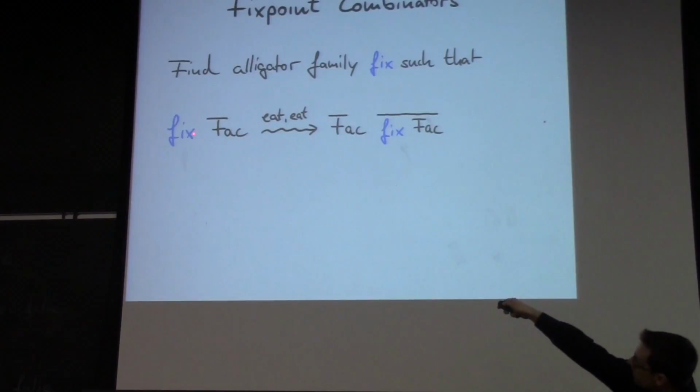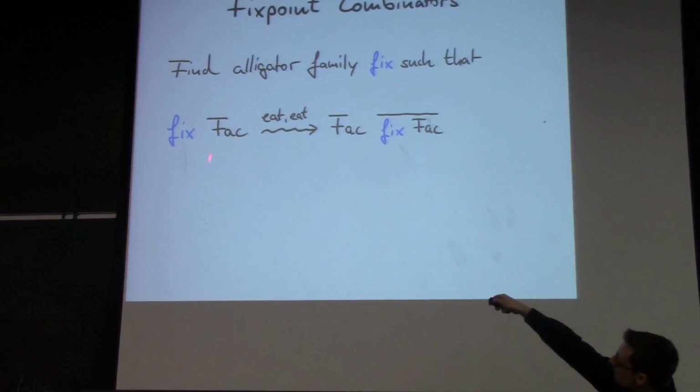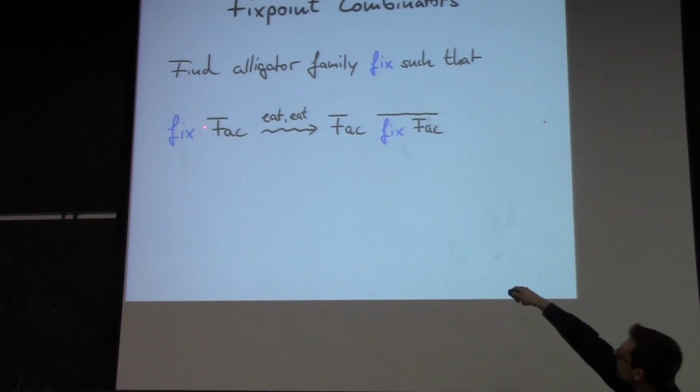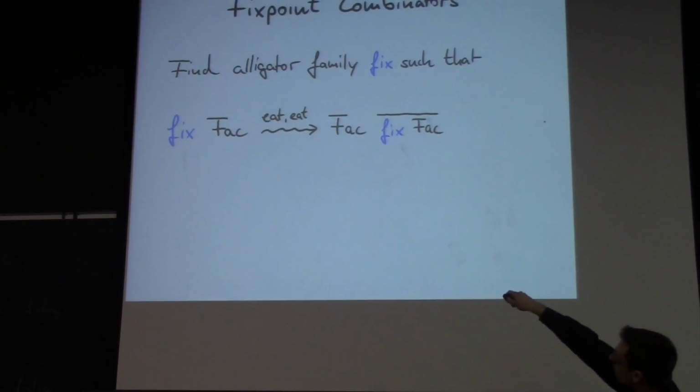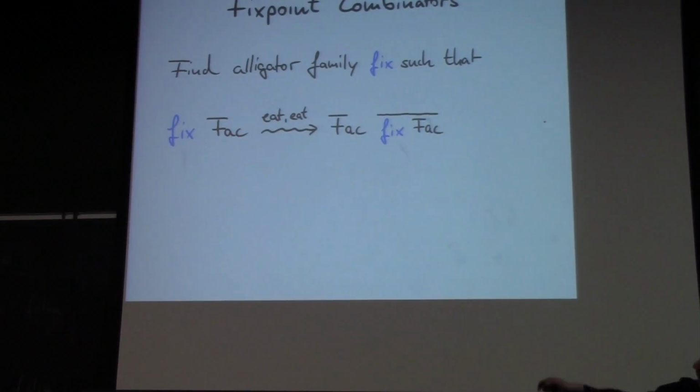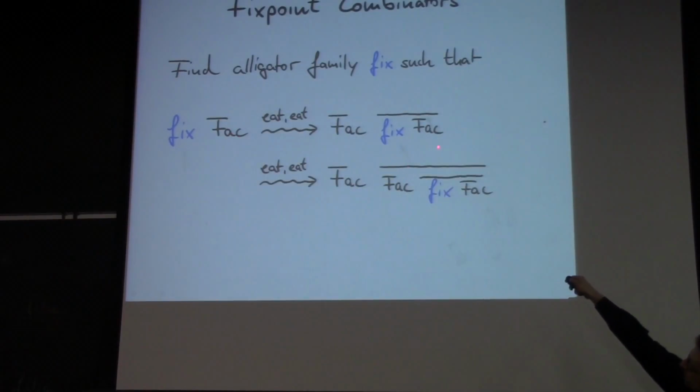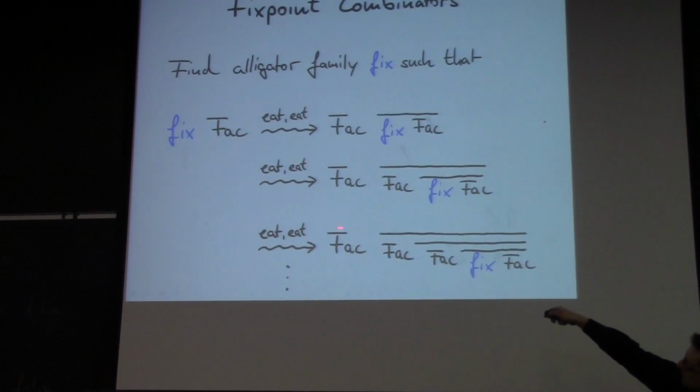Say we want to find this family called fix, and it takes another program, say fact here, and what we end up with when we do this eating is this thing here. So we have fact that eats this fix of fact, which is what we started off with. And if we continue to do this again, we now get fact of fact of fix of fact, and so on.